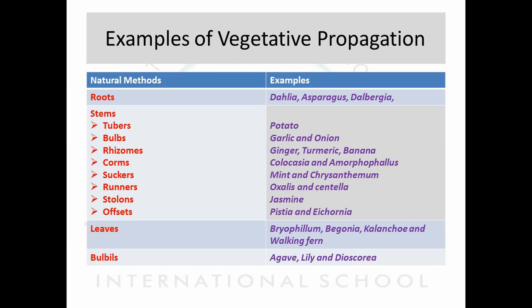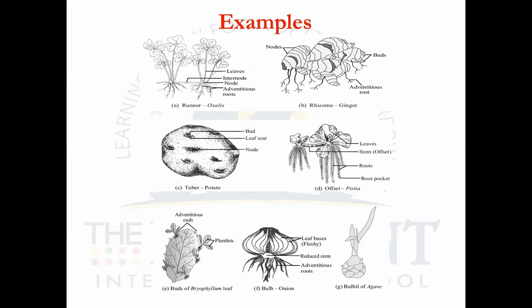Now there are also some examples of artificial vegetative propagation. Before that, let us go through these diagrams. The first is a runner, the oxalis example. Between two plants there is a horizontal stem. On the horizontal stem, from every node the adventitious roots develop, and above that the new leaves develop.